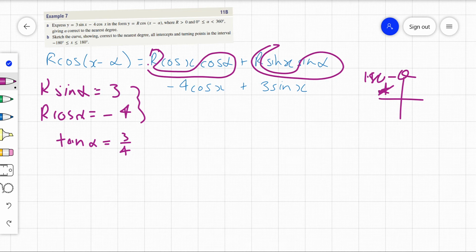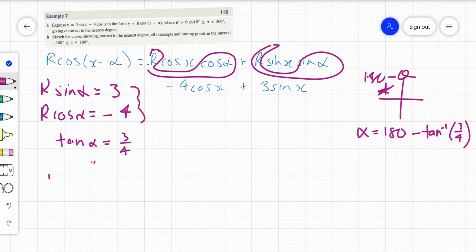Let's leave it there. Of course I didn't bring my calculator with me, so I will trust this. So our alpha in this case is going to be 180 degrees minus the inverse tan of 3/4. I'd put that in my calculator and store it and use that.